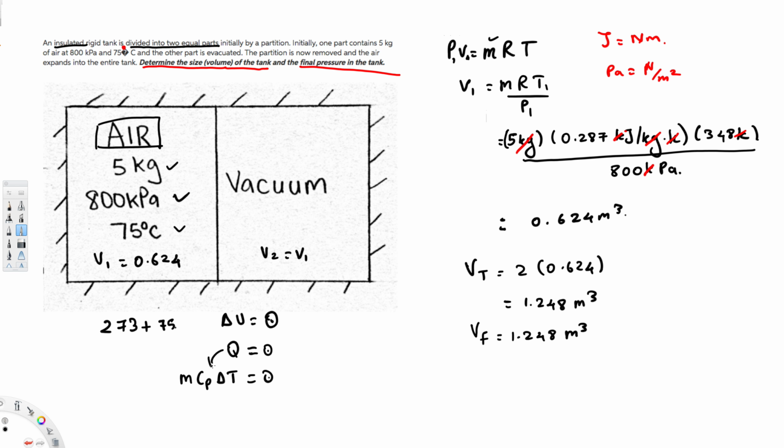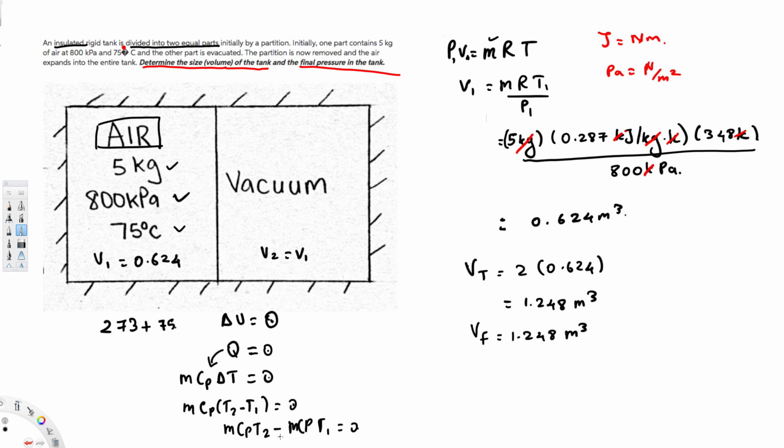This is same as this. Then if I expand this one, mCp (T2 minus T1) is equal to 0. And if I expand this furthermore, mCp T2 minus mCp T1 is equal to 0.